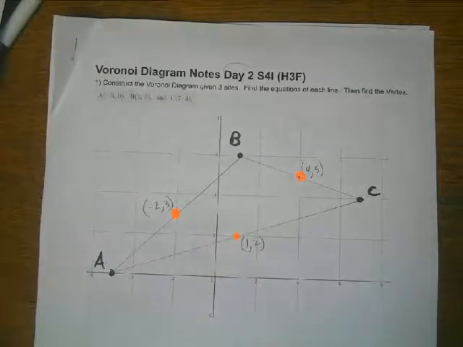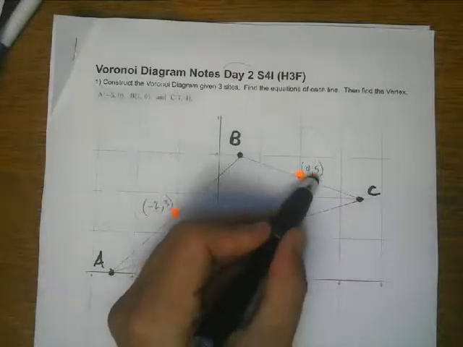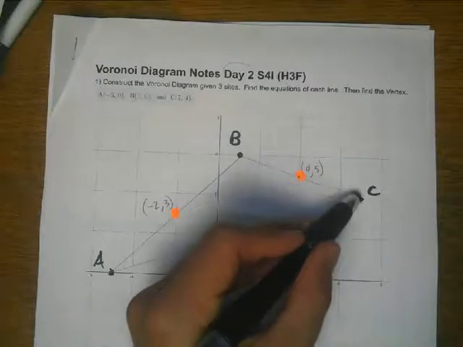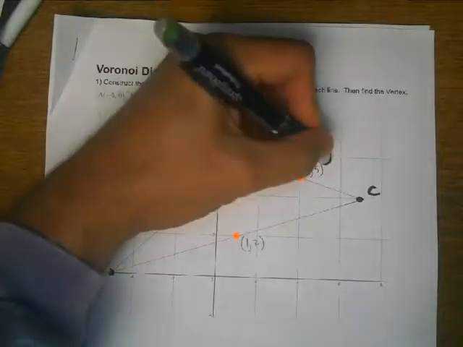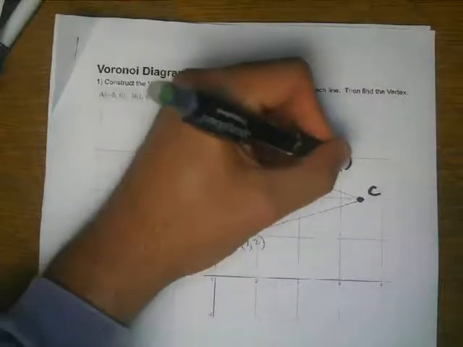Now looking at this, I need to figure out the slope. You can see the slope here is I go 1, 2, 3, 4, 5, 6, and down 2. So my slope of this line is -1/3.